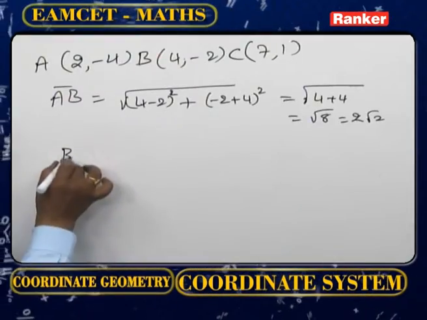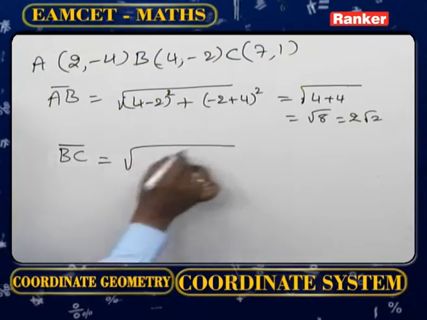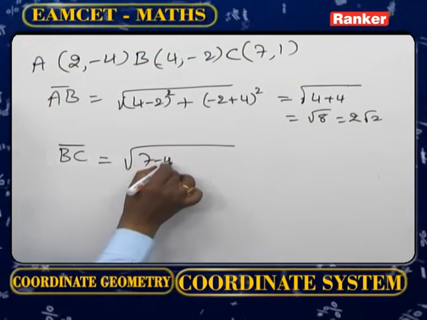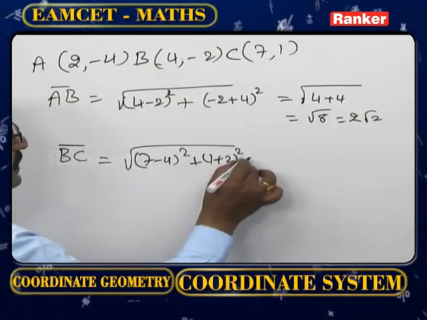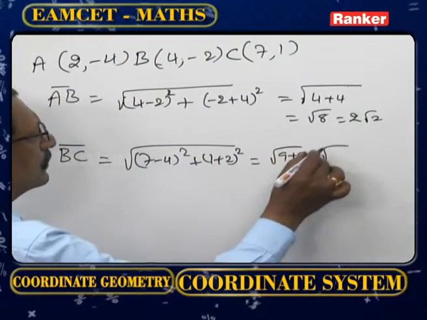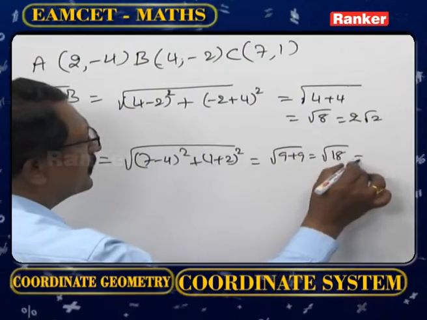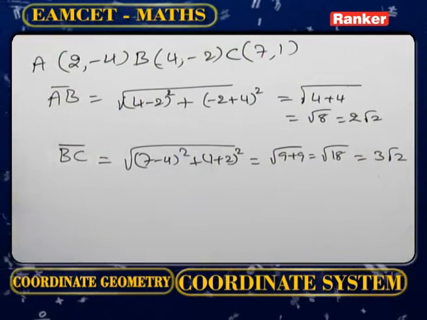Next, the distance between B and C, BC equals square root of 7 minus 4 whole square plus 1 minus of minus 2 whole square, that equals root 9 plus 9, root 18, that equals 3 root 2. BC equals 3 root 2.